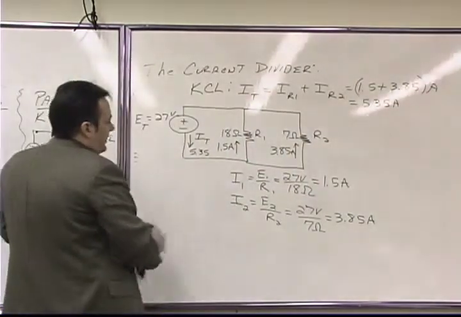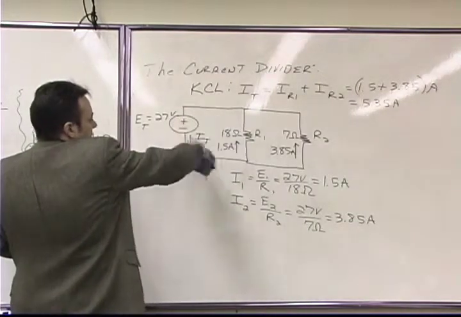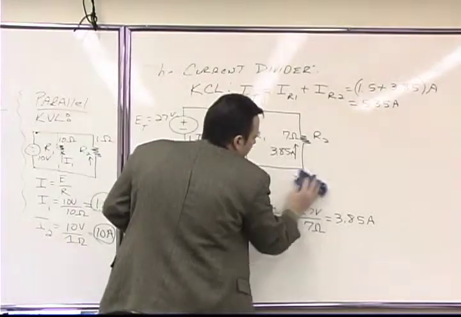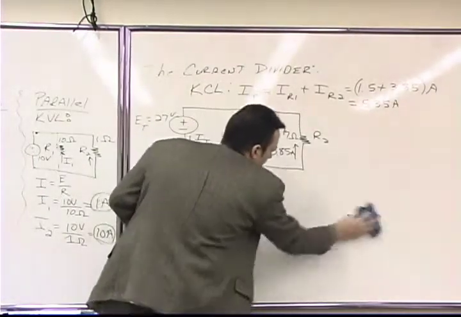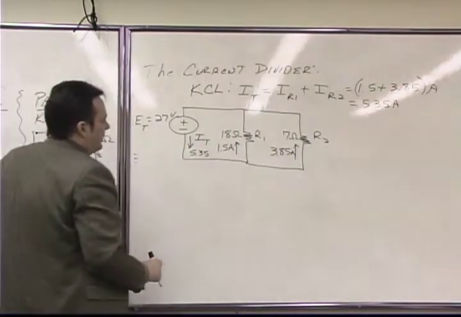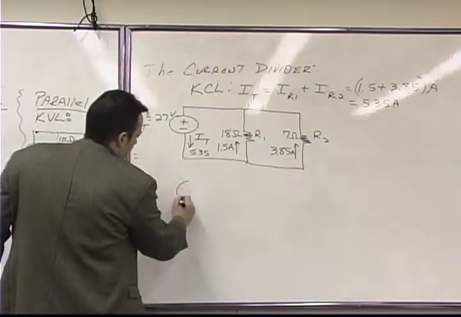So we're going to take the information that we know to be true about this circuit and we're going to leave it alone. We'll erase our calculations because we've already done them. Okay? And what we're going to do is we're going to redraw this circuit.